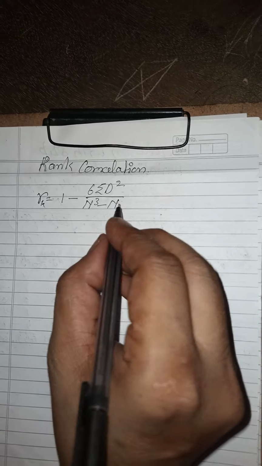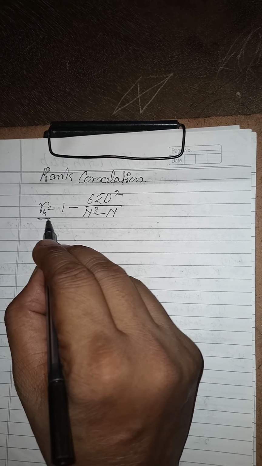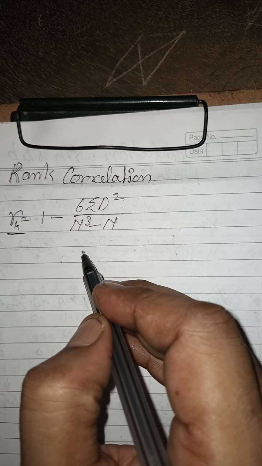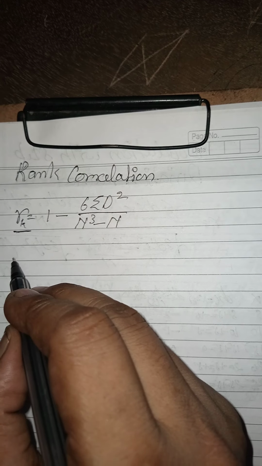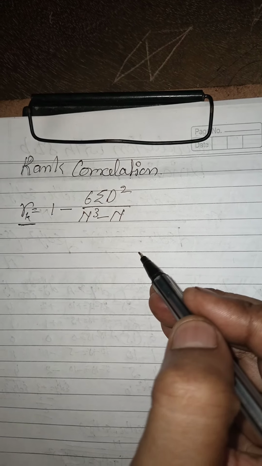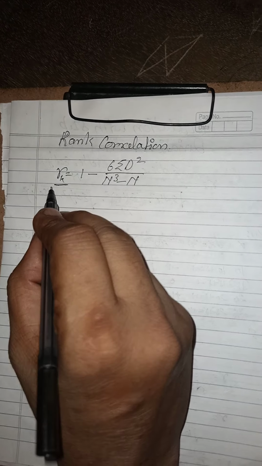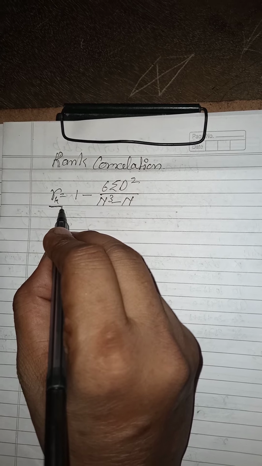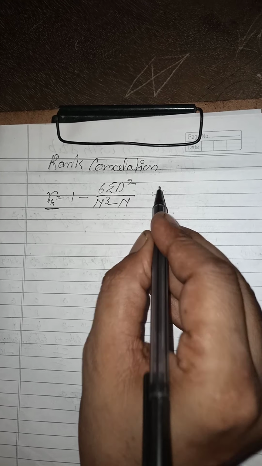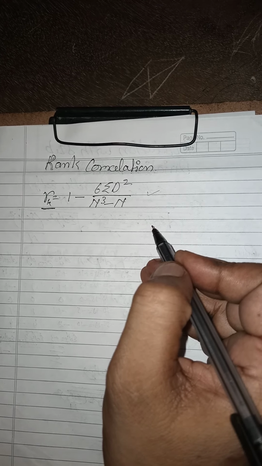I repeat again, you will apply this formula when the rank is not repeated, and when the rank is repeated, you will apply another formula. First we discuss when the rank is not repeated.